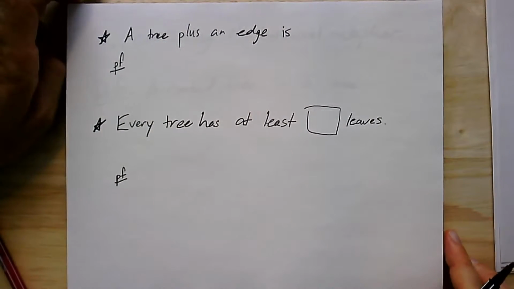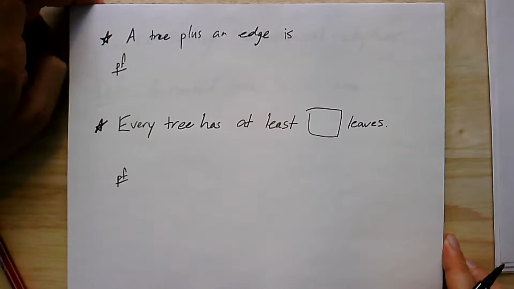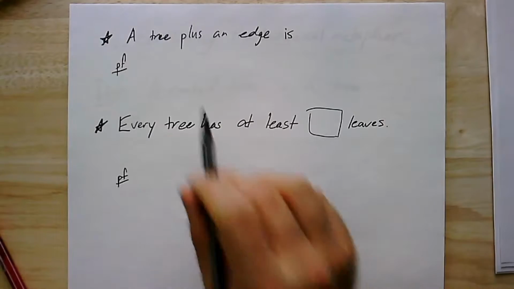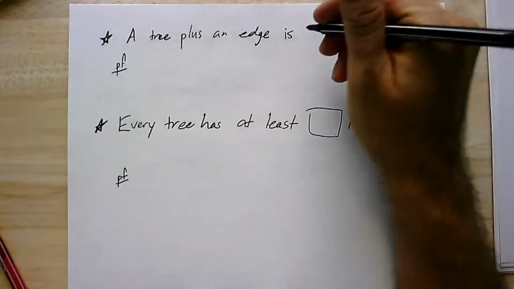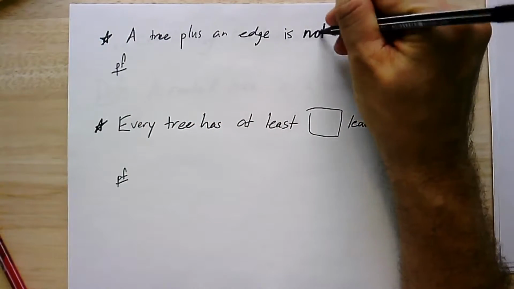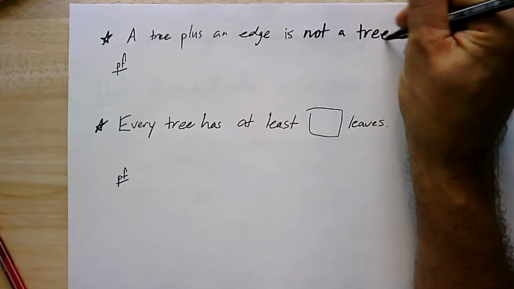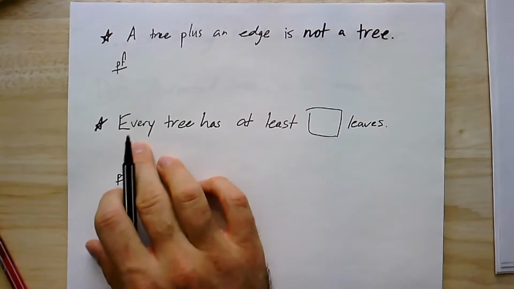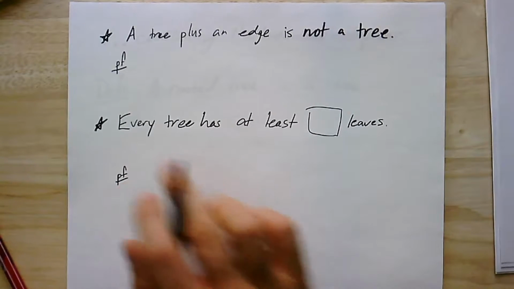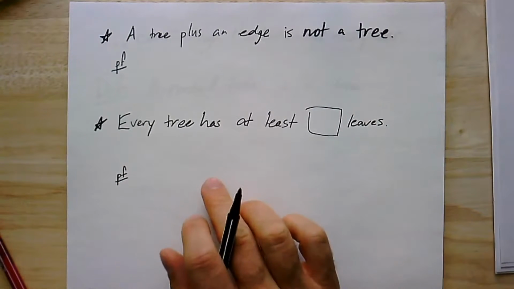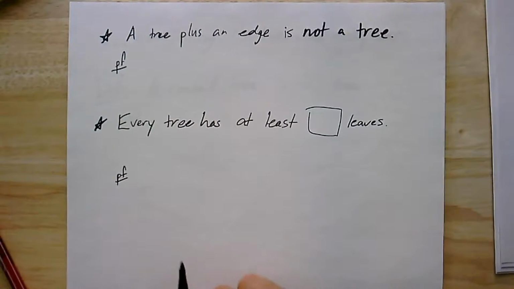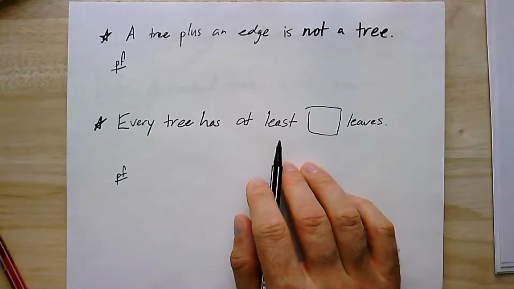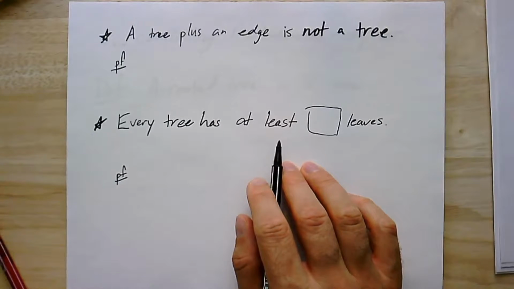All right. Now, here's some other little facts that are good to work through, I think, as exercises. The first is that a tree plus an edge is not a tree. I'm going to put the proof there in a second, but let me write down the other statement here, and I'll leave you to pause this if you like and think about how to prove these two statements. So every tree, I claim, has at least some number of leaves.